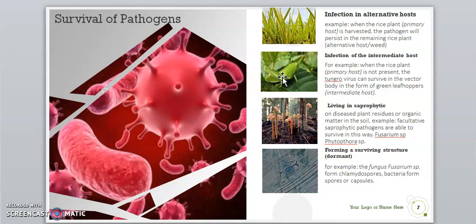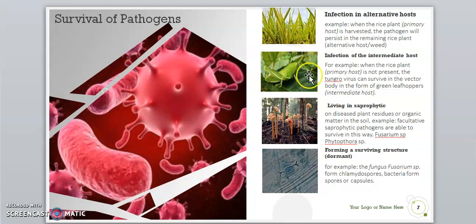It's not sick, okay? Usually they fly and land in another alternative host or in the weeds, and then the weeds will be infected by viruses like this.